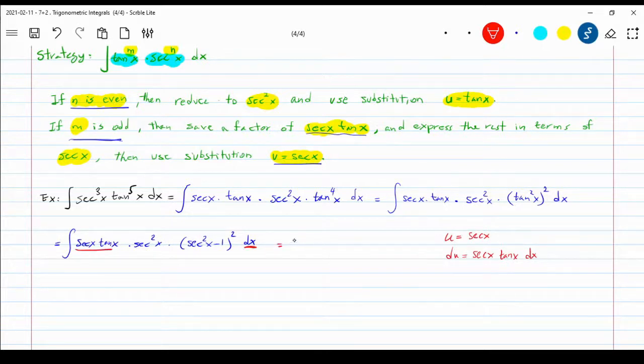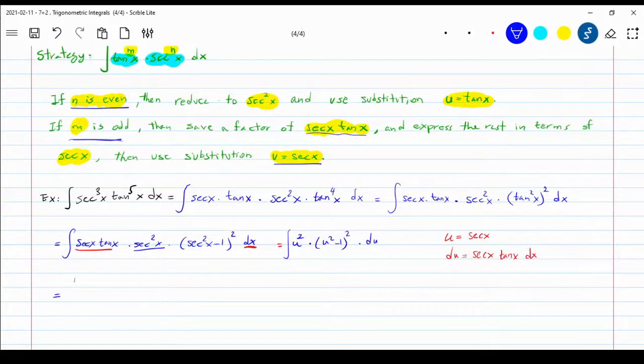So you would have the integral, that is the du. And secant squared is simply u squared, because every secant we call u, and you would have u squared minus 1, the whole thing squared.